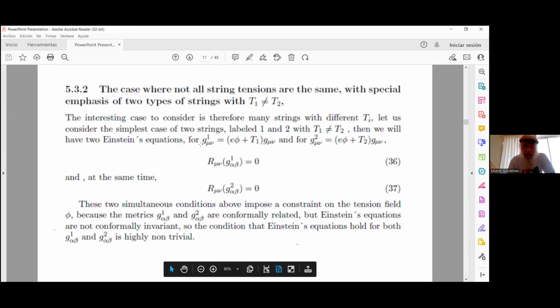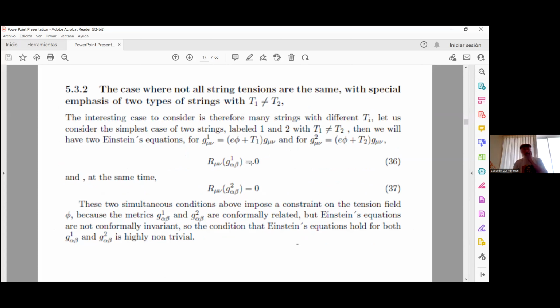Two metrics, for example, we have two types of strings where the two integration constants are different. This metric here and this metric here both satisfy the Einstein equation, and they are conformally related because both are conformally related to this embedding metric.